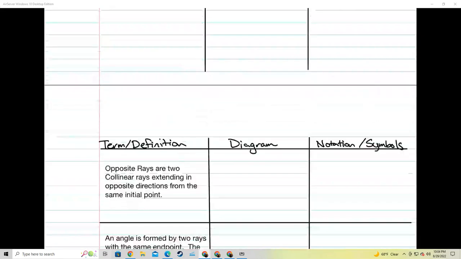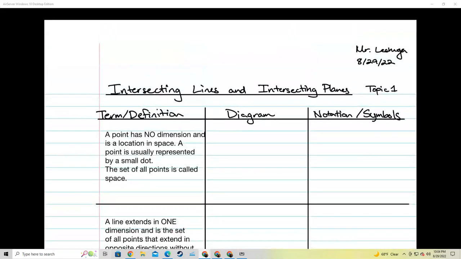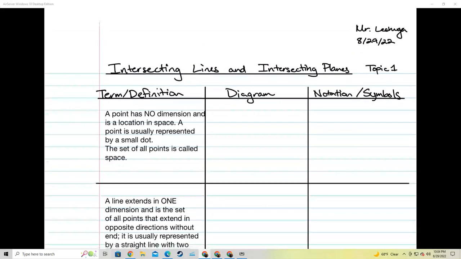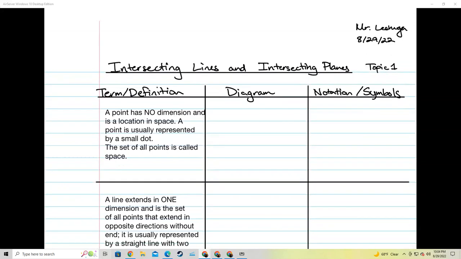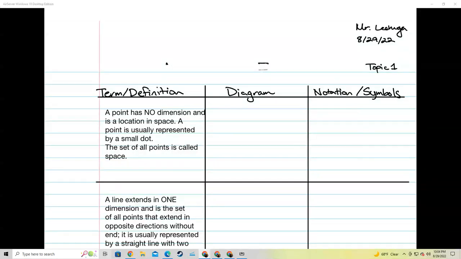On the second page, we're going to go ahead and start constructing three columns as part of your notes. Now, this first part, I accidentally named that wrong, so let me go ahead and name it correctly.